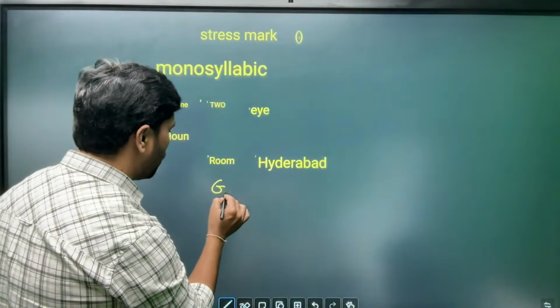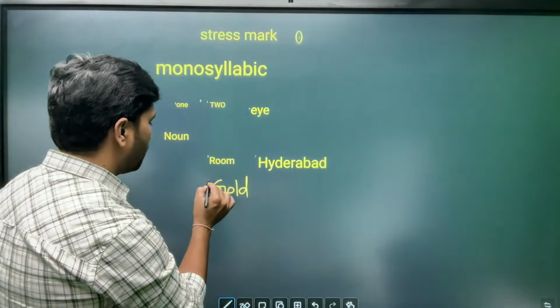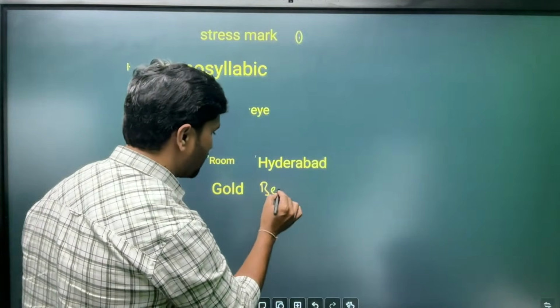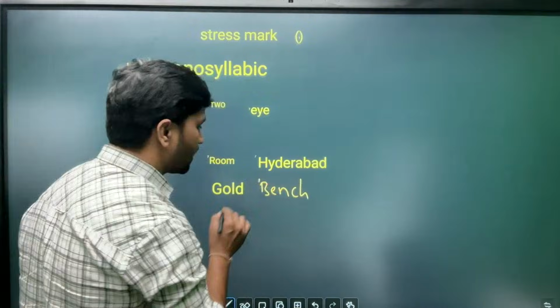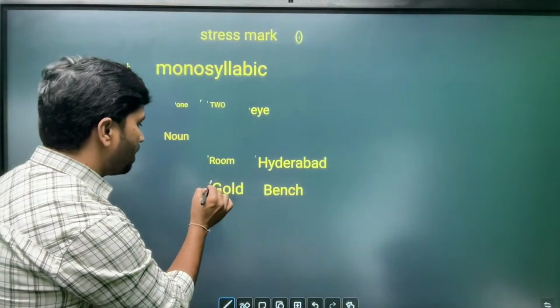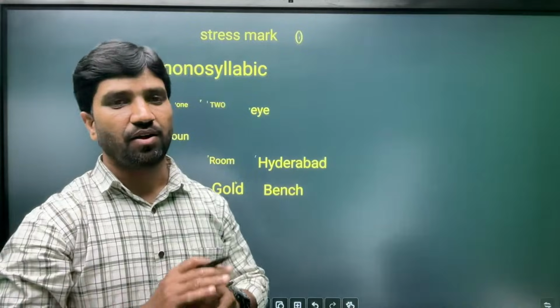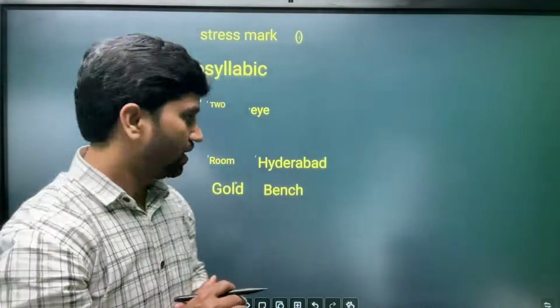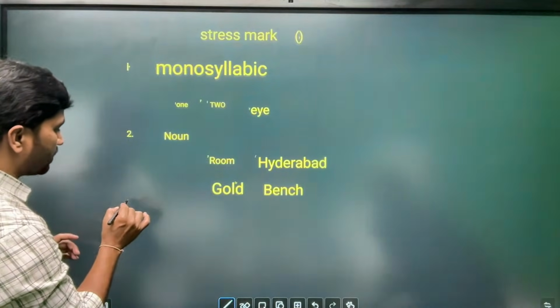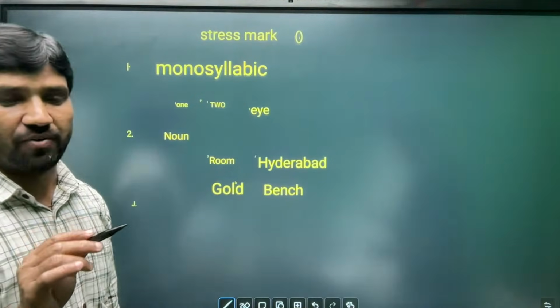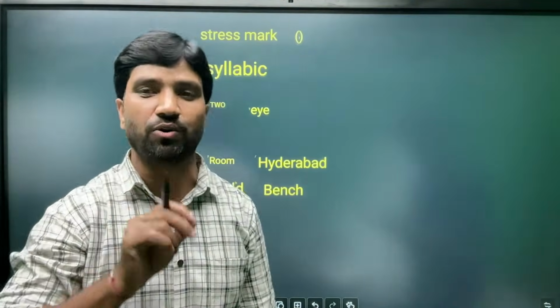For example, gold. Gold is a naming word. Place the stress mark on the first letter. For example, bench. Bench is also a naming word. Place the stress mark on the first letter. All the naming words get the stress mark on the first letter. Very, very important. Then the third point is disyllabic words, when we find two sounds in the word.